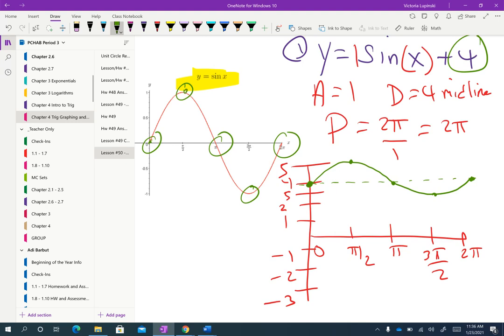Pi over 2, comma 1 would move to pi over 2, comma 5. And so on and so forth down the line. So you can literally take the parent function and just add 4 to each of the y values, or you can start with the midline and then apply the amplitude and the orientation. It really is up to you. We're going to talk about it both ways, and then you'll pick whichever strategy you like best.